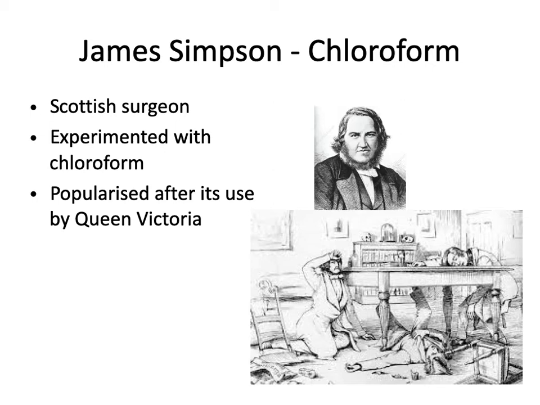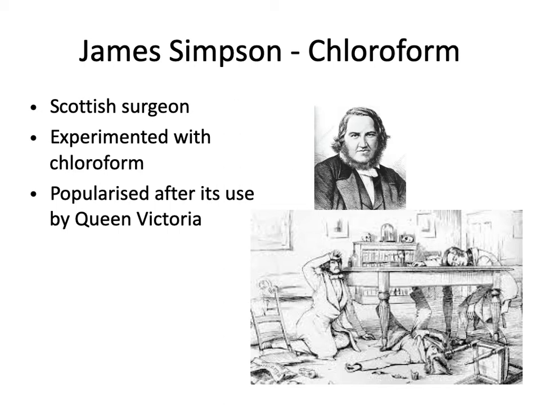And you also had to make sure that you were doing it on someone young and fit and healthy because it could lead to some heart complications. Generally, however, it was a great improvement and it became much more popular across the course of the 19th century, particularly after Queen Victoria used it during childbirth.